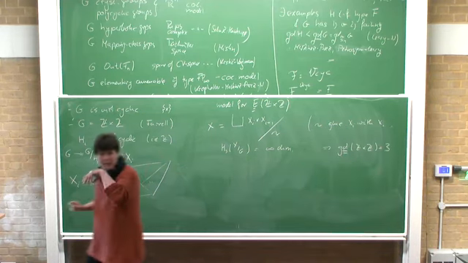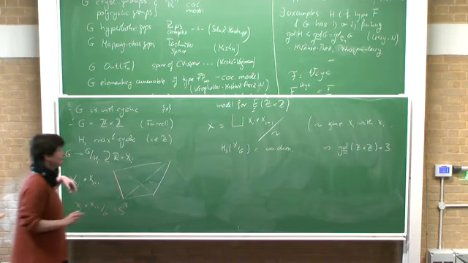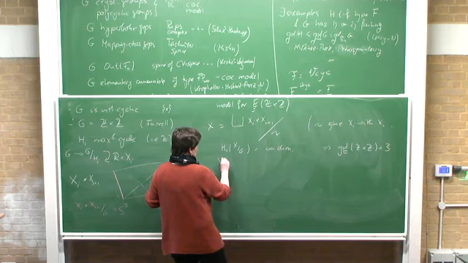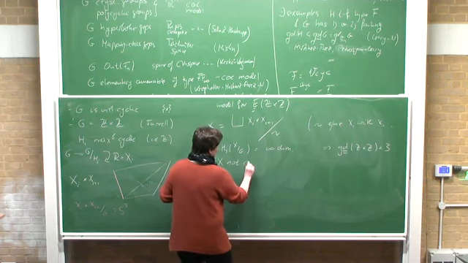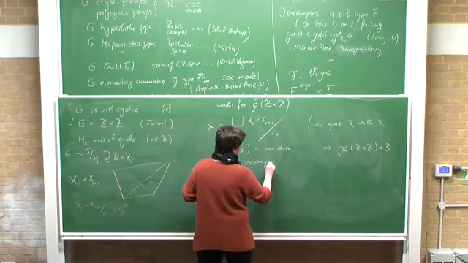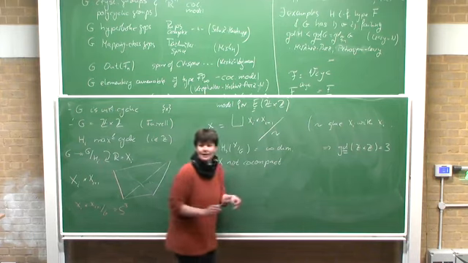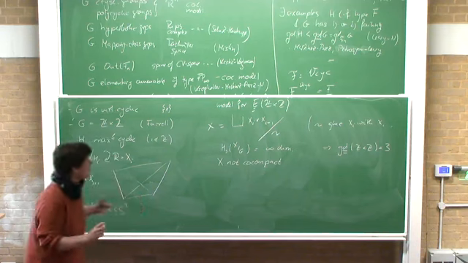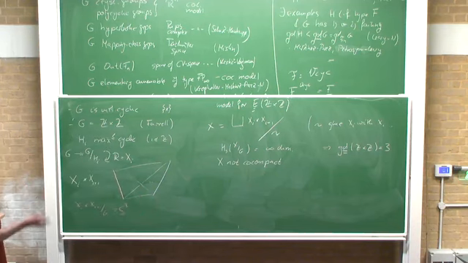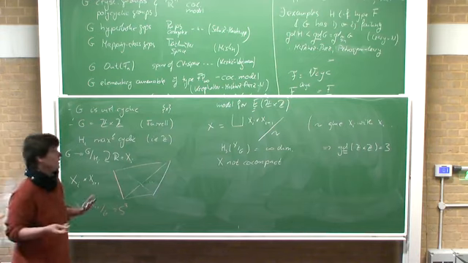And it's certainly not cocompact. X is not cocompact, and there cannot be a cocompact model. I'll say in a minute why. So already for Z cross Z, the dimension blows up, and we cannot find a cocompact model.